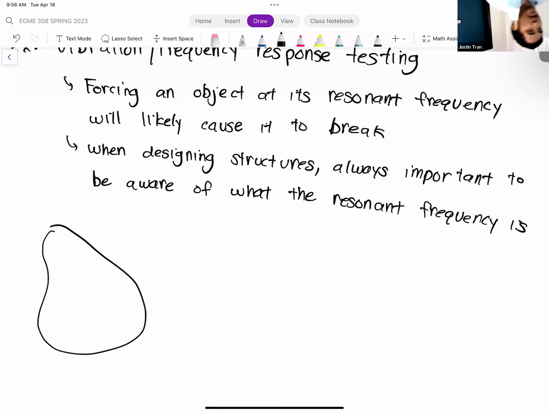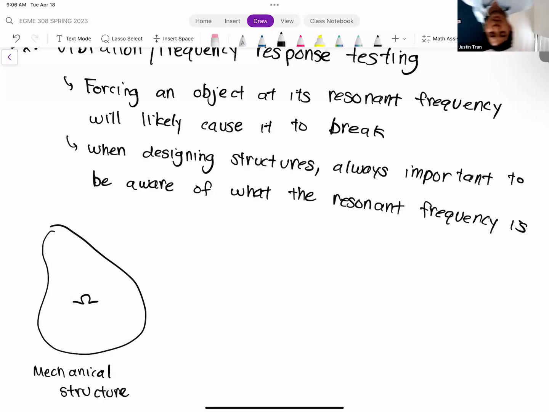So let's say that we have a potato-like structure, but I guess this looks like a pear. So this is our mechanical structure. What we can do is apply some kind of forcing to this structure. So let's say that we just kick it or something.